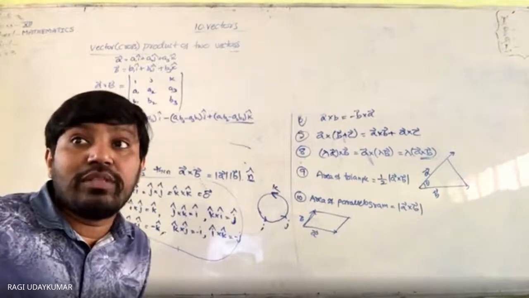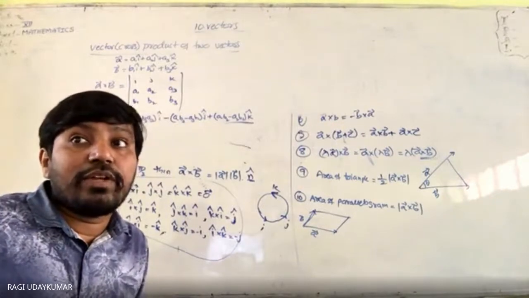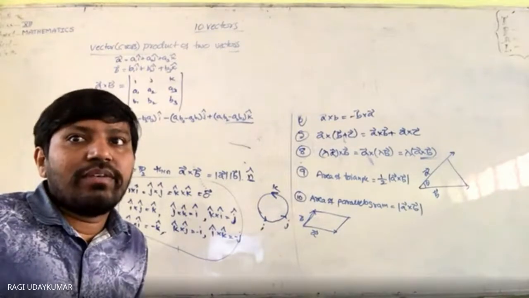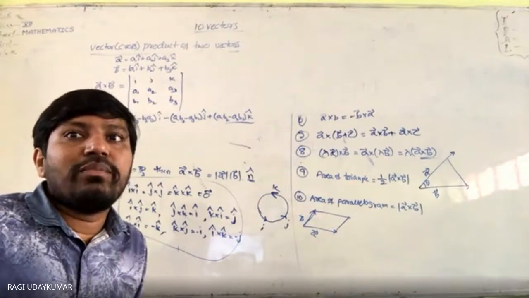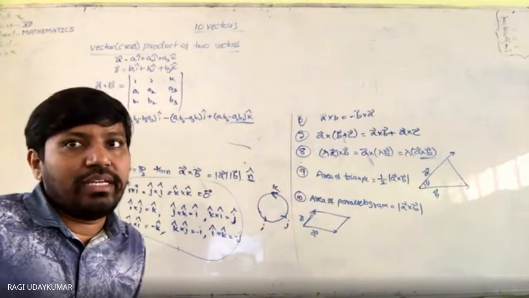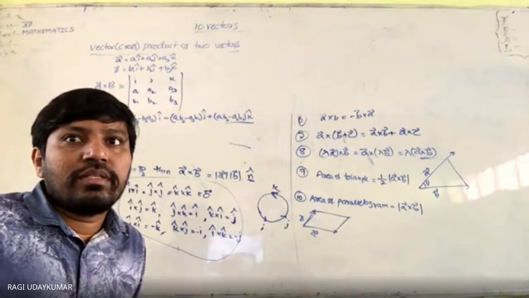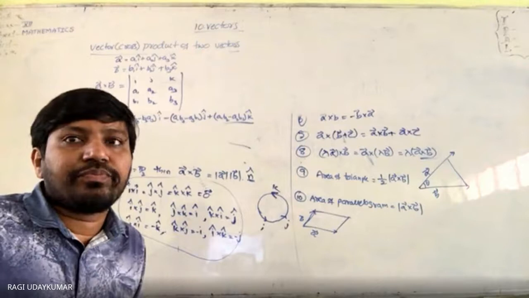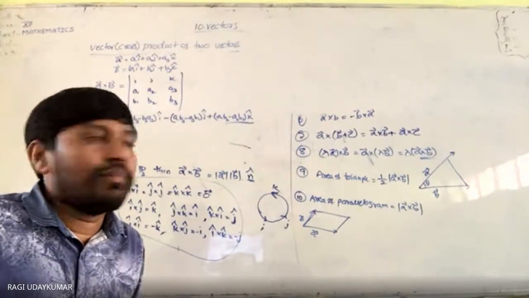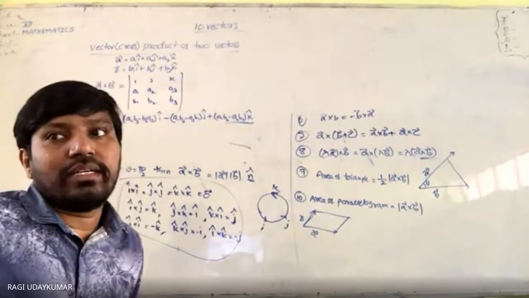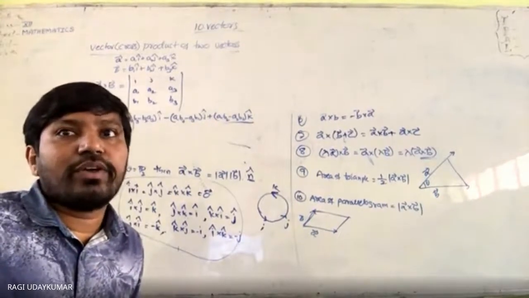Be very careful with the vectors you are taking into consideration. Do you understand? This is the main thing about the cross product of two vectors.